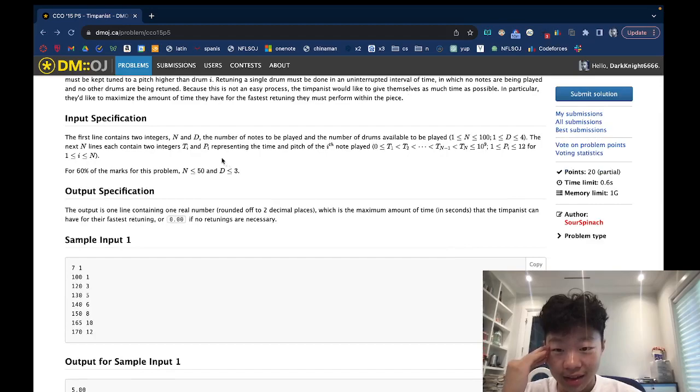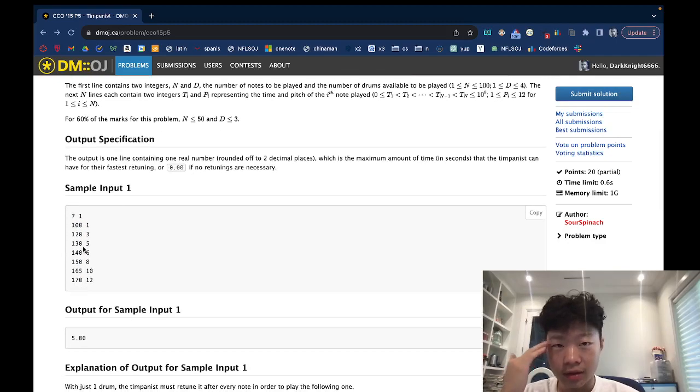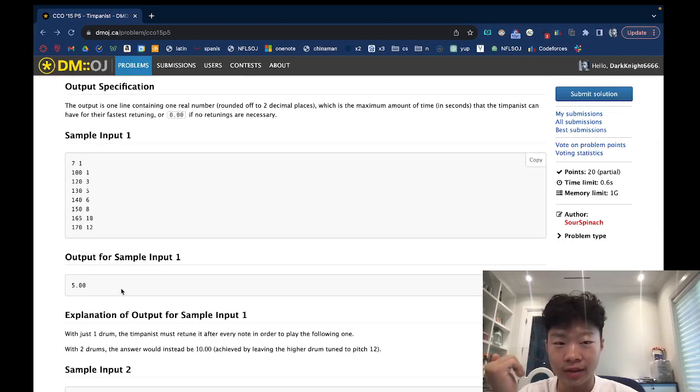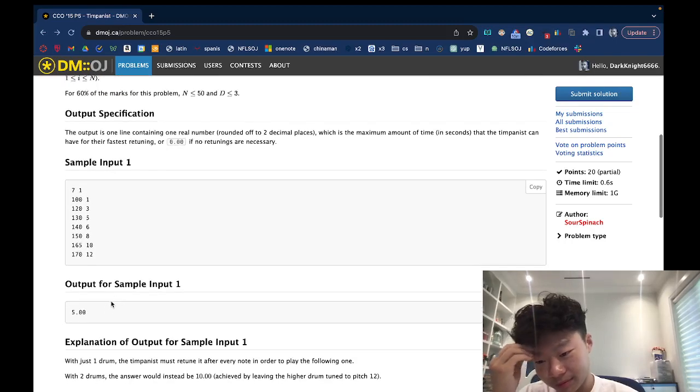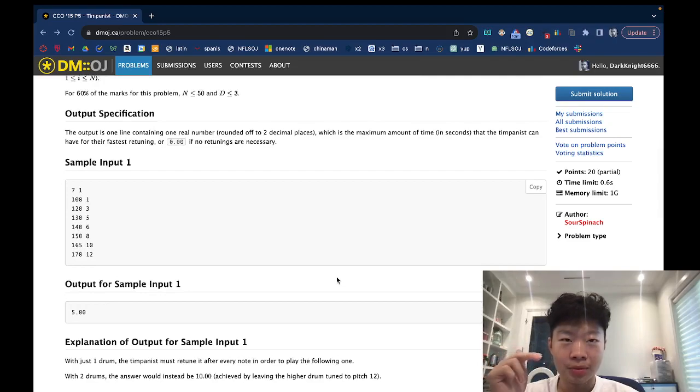So, okay. You have notes and some drums, right? And then you have to play the whole piece. And there's times where the thing's getting played. And you're just trying to get the maximum amount of time to change your drums. So basically at each moment you can choose to change your drums or not, right?